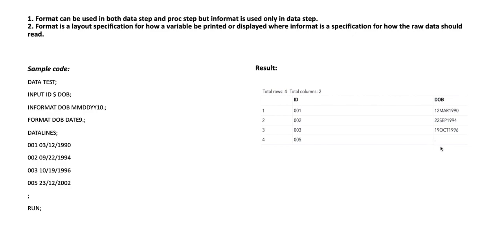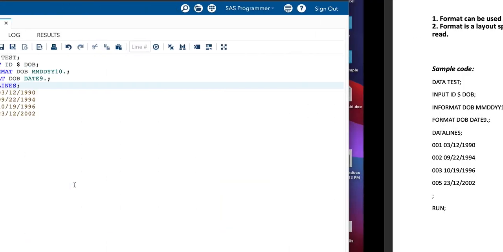That means this program cannot read the 4th record, because this program can read in the MMDDYYYY format, but the 4th record is in DDMMYYYY. That's why this program cannot read the 4th record. Let's run the program through the SAS window.